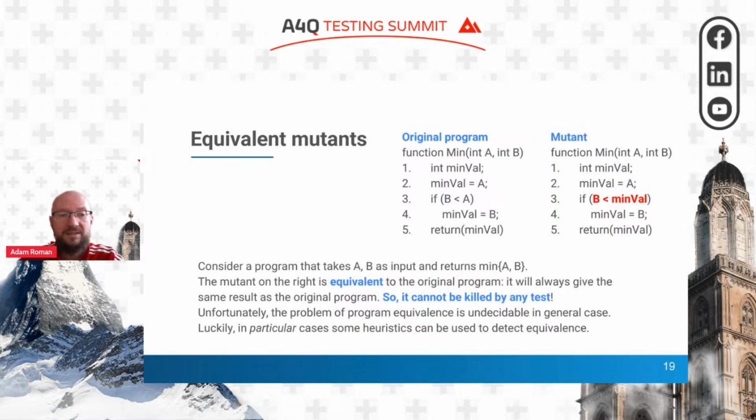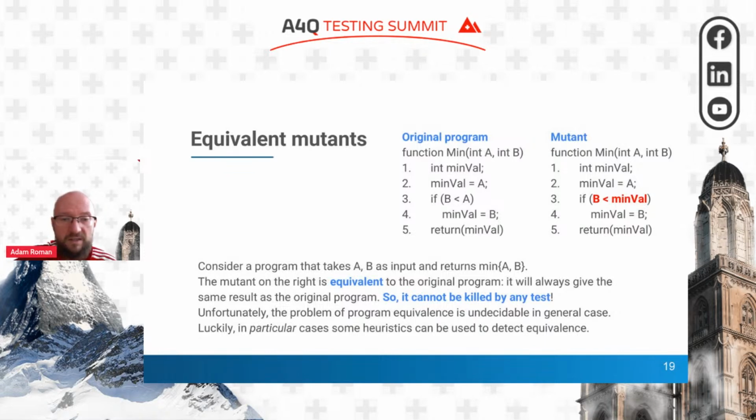Such a situation is called an equivalent mutant. Equivalent mutants cannot be killed because they are by definition equivalent to the original program. Sometimes we want to avoid these situations, and there are some heuristics that allow us to detect at least some trivial equivalent mutants.